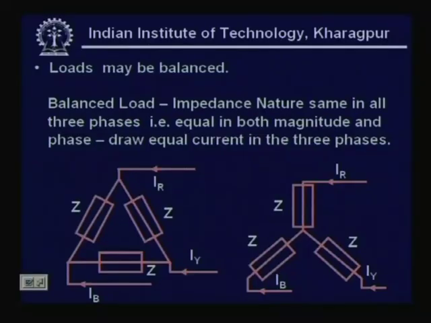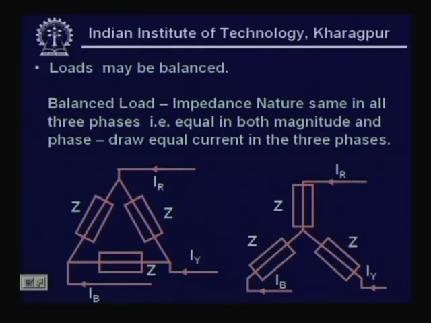That is when we say that it is a balanced load. So loads could be balanced. A balanced load means impedance nature same in all three phases, that is equal in both magnitude and phase, and thereby it draws equal currents in the three phases.